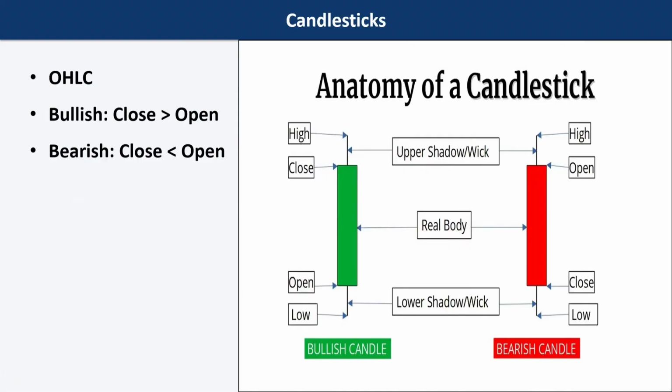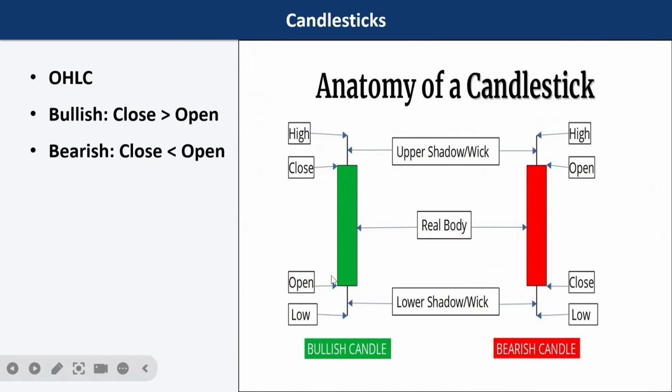Then we'll find bullish candle and bearish candle. So in this bullish candle, you can see the open price, the close price, and this is the high and this is the low. When the prices are increasing, it is called a bullish candle, right?